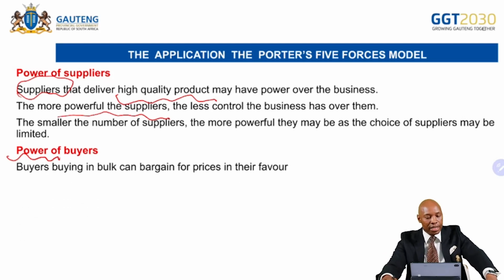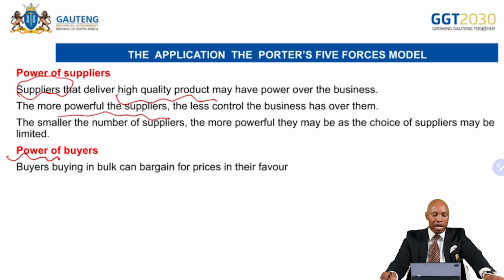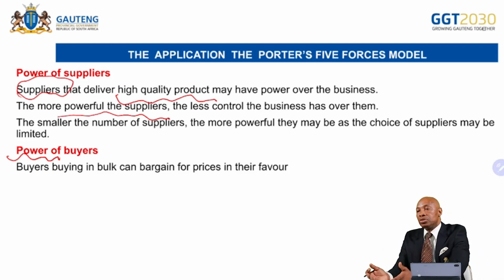Now, let us look at how a business can apply the power of buyers. We're saying buyers buying in bulk can bargain for prices in their favor. Think about yourself.